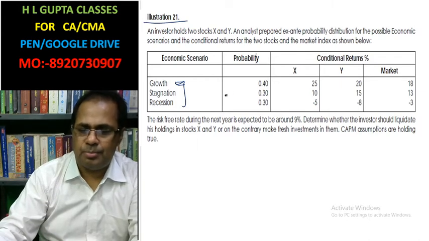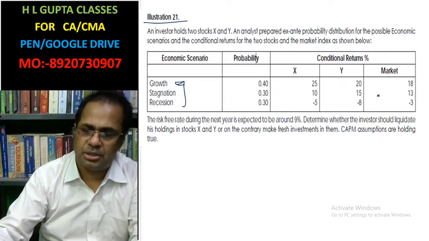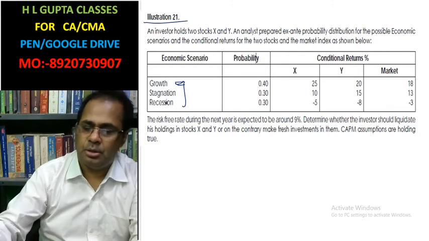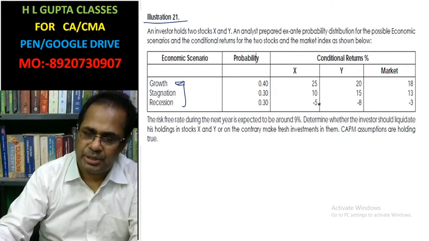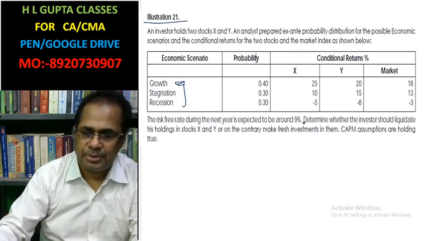Stagnation means stable. In this case, the return of X is 10%, return of Y is 15%, return of market is 13%. In the case of recession, declining, 30% chance, the return from X is minus 5, Y minus 8 and market minus 3. The risk-free rate of return is 9%.